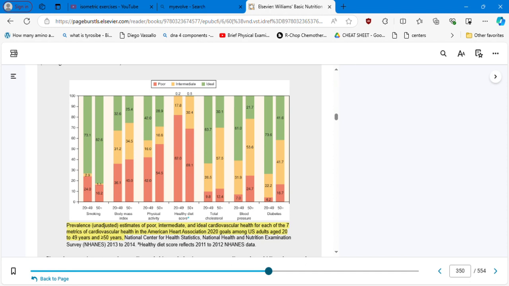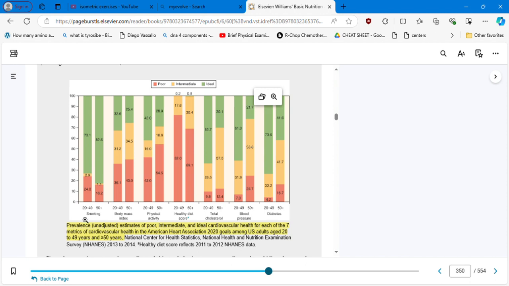So it's very poor in the population between 20 and 49, okay, and for the best one, between 20 and 49, the factor is healthy diet score, right?